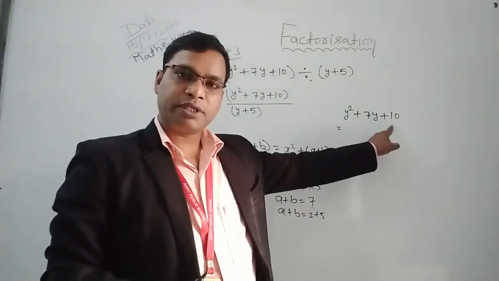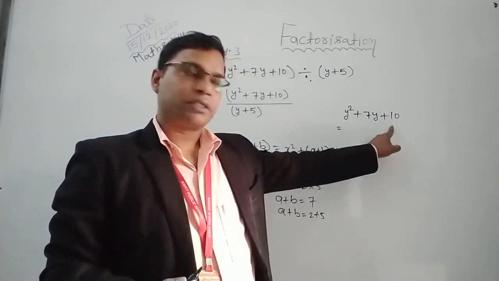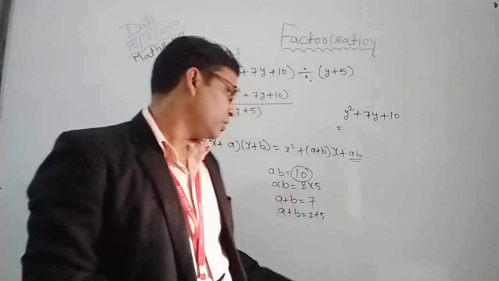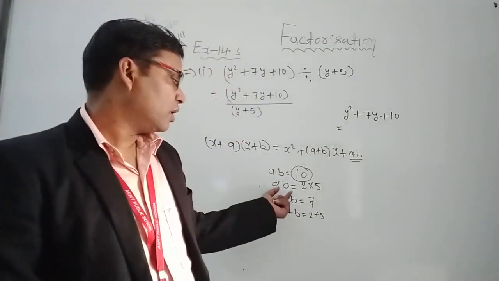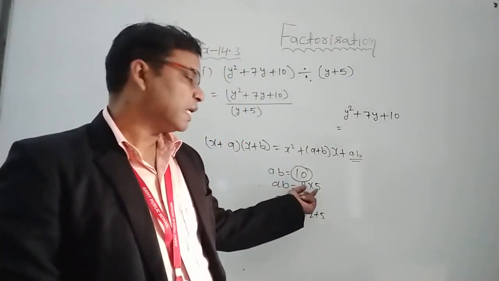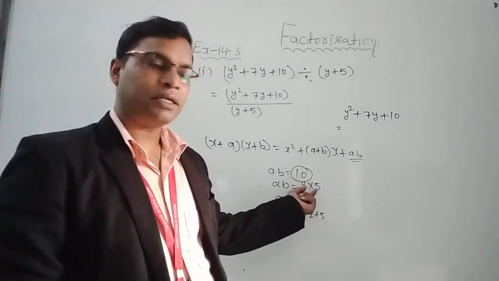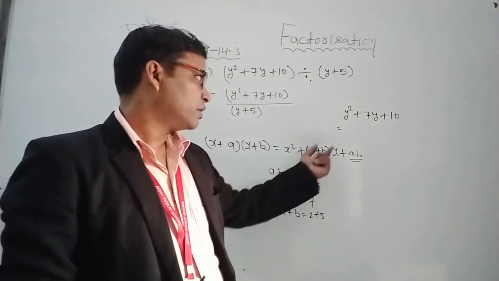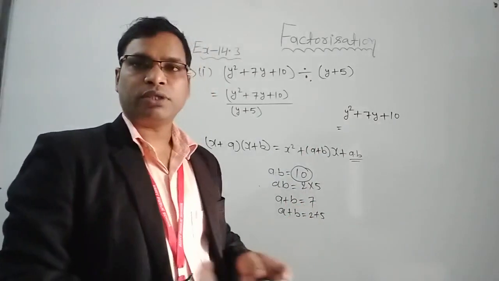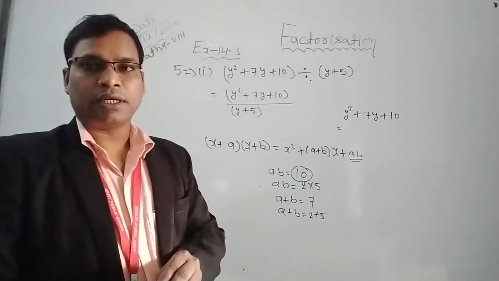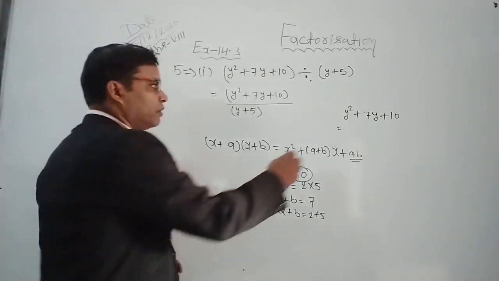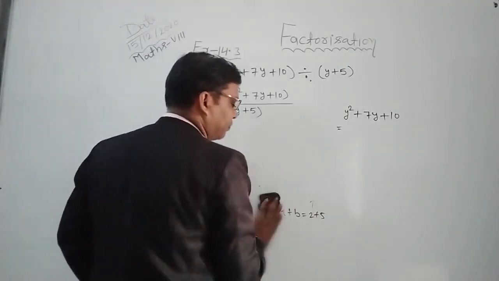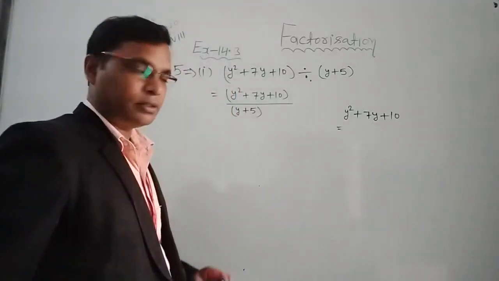Here a into b is equal to 10, or 2 into 5, and their sum is 7. So the factors of 10 are 2 and 5, and their sum is 7. We replace 7 by 2 plus 5.